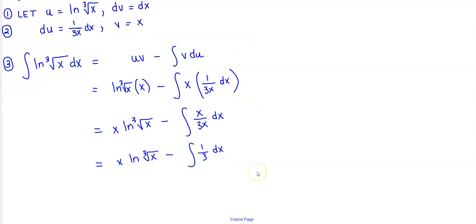And so then the next step is to take the antiderivative of 1/3. So we have x times the natural log of the cube root of x minus 1/3 x plus c. And that is our solution.